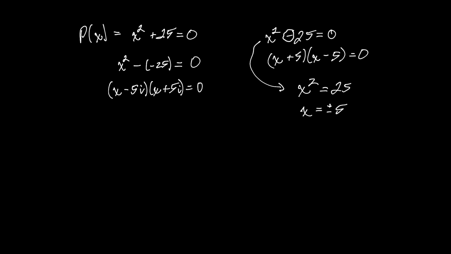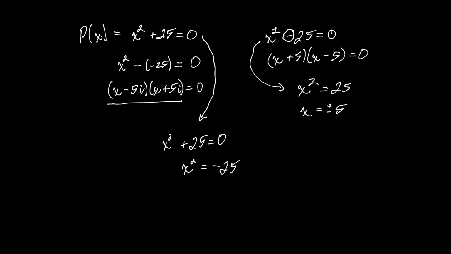So there's just another technique that we want to share, because they won't always look so nice as this one, which is just x squared plus 25 equals 0. Ordinarily, in this case, I would do this, but I wanted to show you with one that was easy to do what would happen. So we still get the correct answers, the correct zeros, plus or minus 5i.